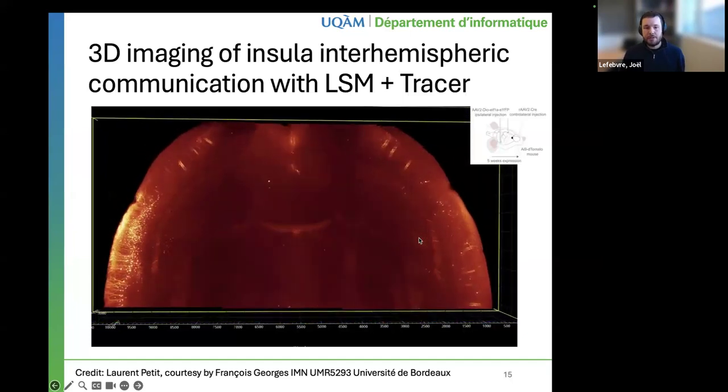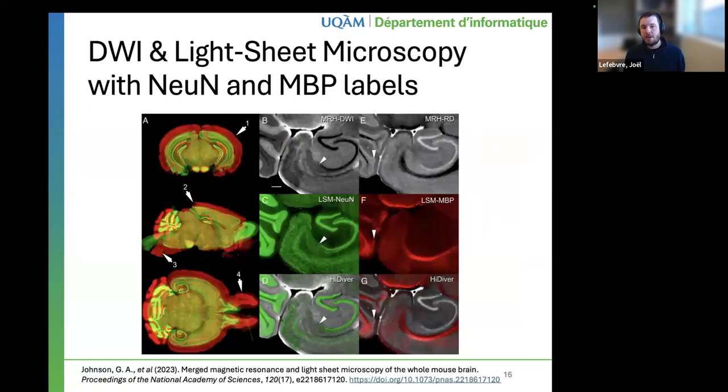Instead of doing tracers, we can also use immunohistochemistry. This is an example from 2023 where they use two ways of labeling the brain, the NeuN label and the myelin basic protein label.